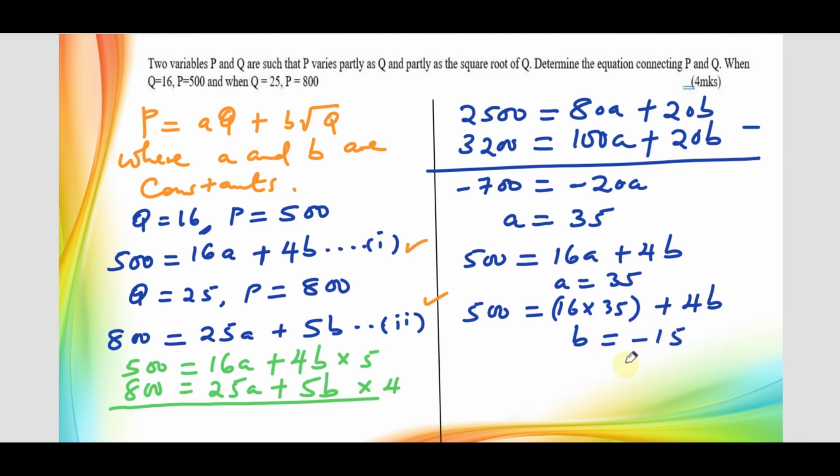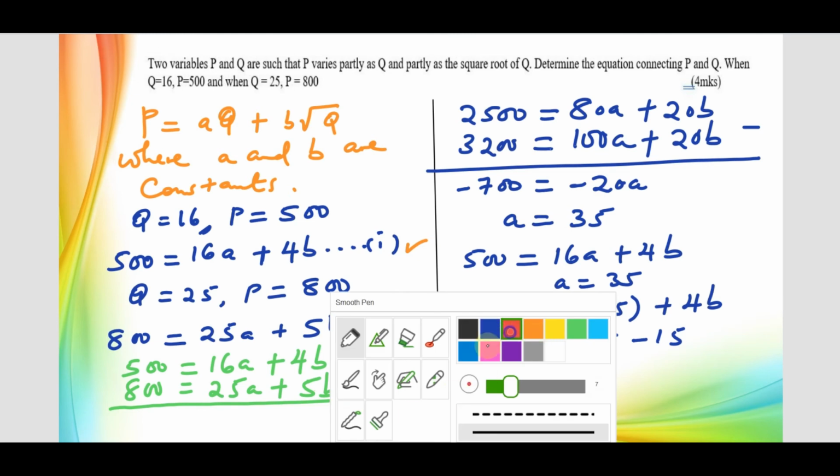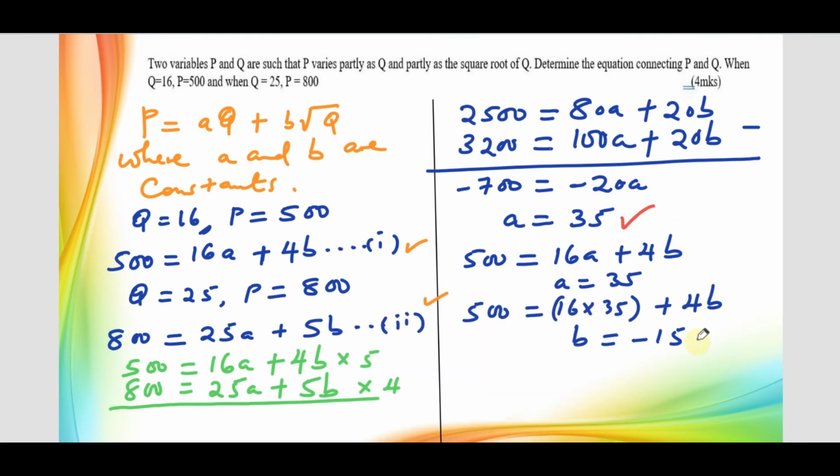Now we have the values of a and b, and remember the equation that we were to substitute. This was the equation P is equal to aQ plus b root of Q. We are supposed to determine the equation connecting P and Q. So we just substitute these values that we've got.